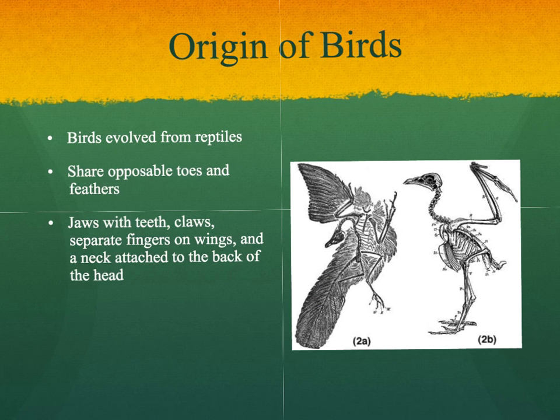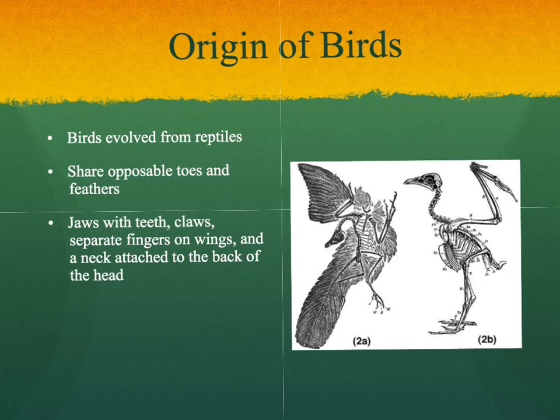Origin of birds. Biologists and paleontologists tell us that birds evolved from reptiles. In the image on the right, you will notice two species from different time periods. On the right is a present-day chicken, and on the left is a Microraptor gui. These two share the physical features of opposable toes and feathers.